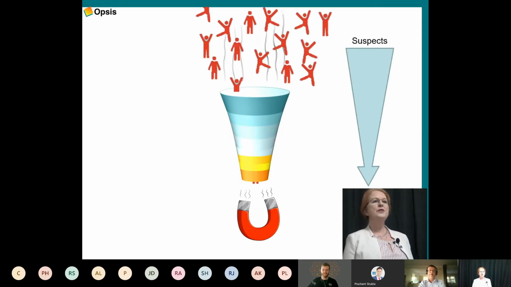So what we've got here is a diagram where I am showing you the effort that it takes to get customers into your business, to attract them from being suspects, pulling them all the way through that funnel to being customers. That takes a lot of effort, and it's effort that some people don't appreciate.